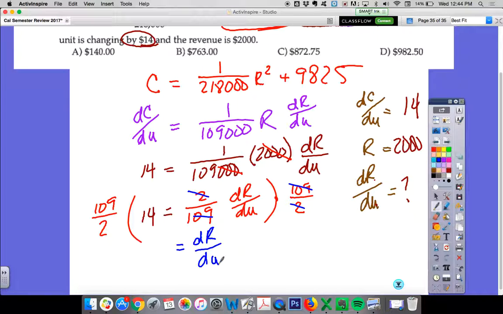It's just a matter of over here, make sure that you got that 14 over 1, so you can multiply it out. Now I'm going to cheat. I'm going to reduce first. So I need 7 times 109. That's 763. Okay, so 763. Yeah, there we go, right there. That's it. That's the last one.